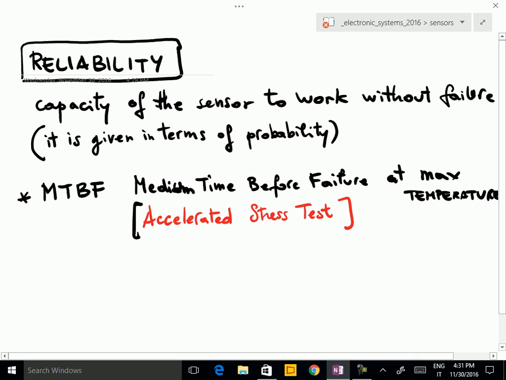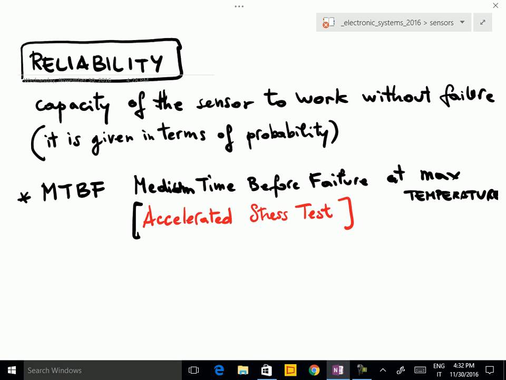Then typically there is a model which allows us to obtain, from the time before failure at a high temperature, the time before failure at the reasonable operating temperature. In typical conditions, the time before failure goes down exponentially when one increases the temperature. So, for example, one can perform an accelerated stress test in a day and then extract a mean time before failure at the maximum operating temperature of a few years.